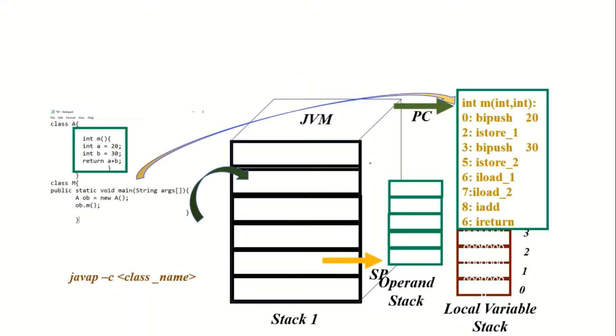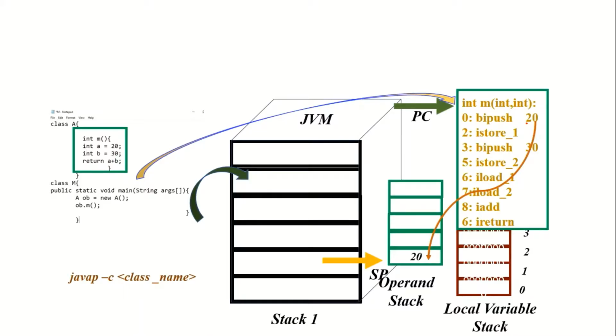Now how they will work with respect to this method, I will explain. So this is your operand stack. We have a pointer here and we have a local variable stack. And what is the meaning of these lines? I will explain one by one. See the animations carefully. So first, bipush 20.